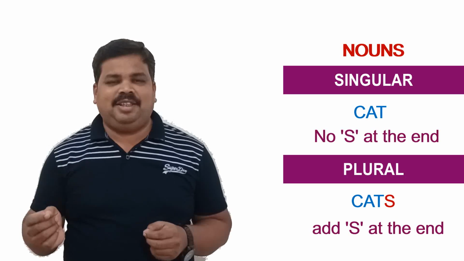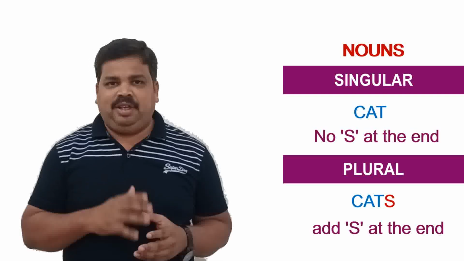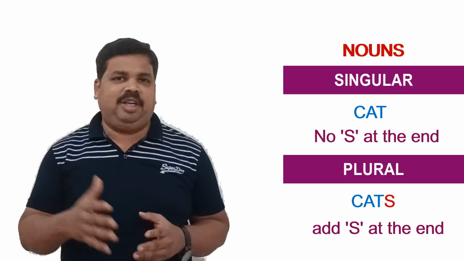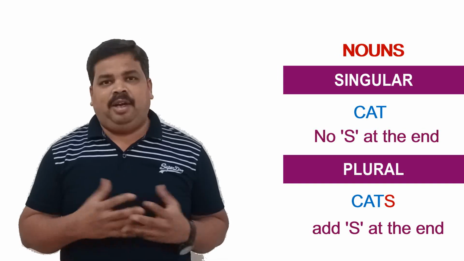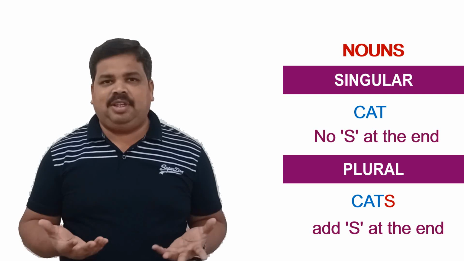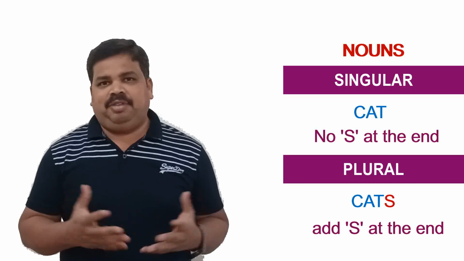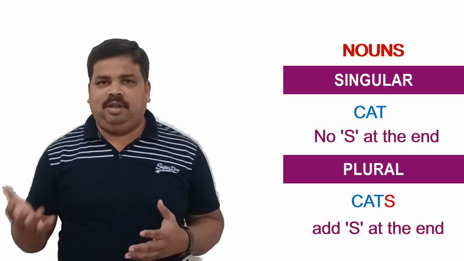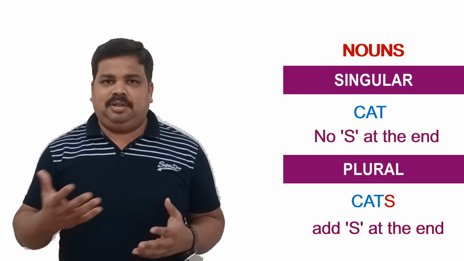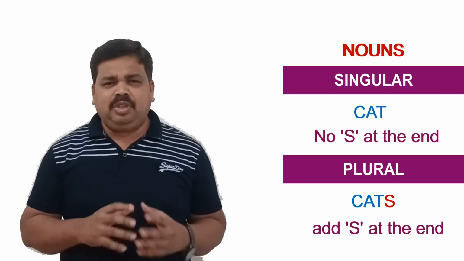When we add s at the end, generally we are converting singular form to a plural form when it comes to nouns. A noun can be a physical entity, something that we can touch, like cat, dog, a mango, bus, box, anything. Or it can be a process, like a work. Either way, we generally add s to convert it into a plural form from the singular form.